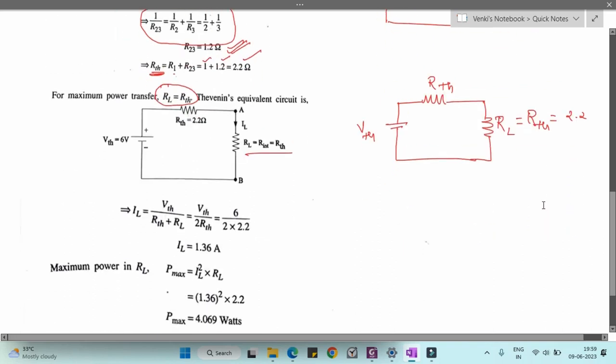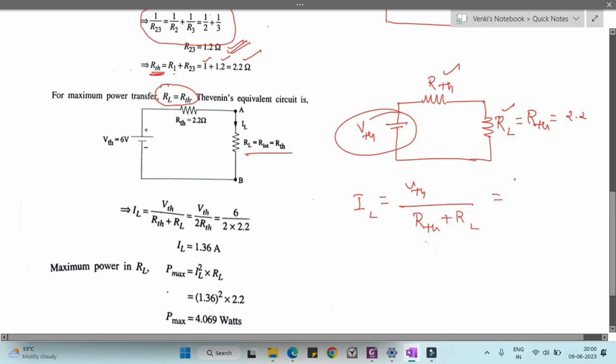In this circuit we need to calculate the IL current, that is the current passing through the load resistor. The current I is equal to V by R. The V value is the V Thevenin, and the R value is the summation of these two resistances, because these two resistances are in series.